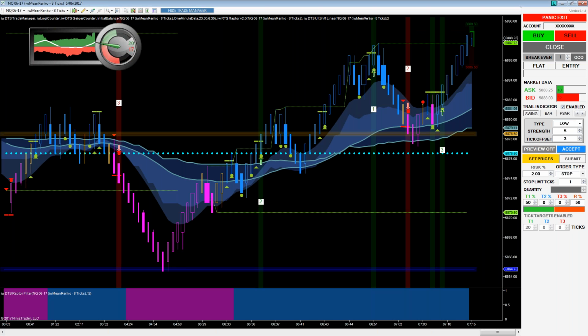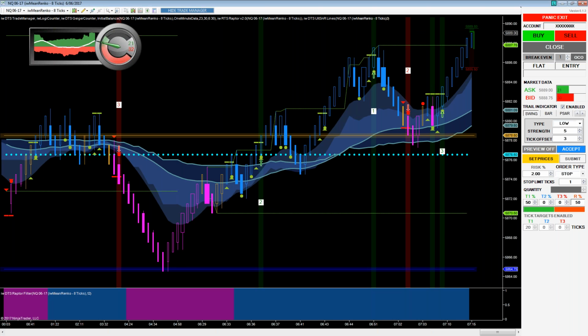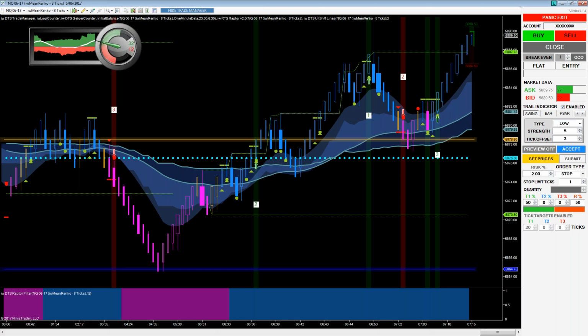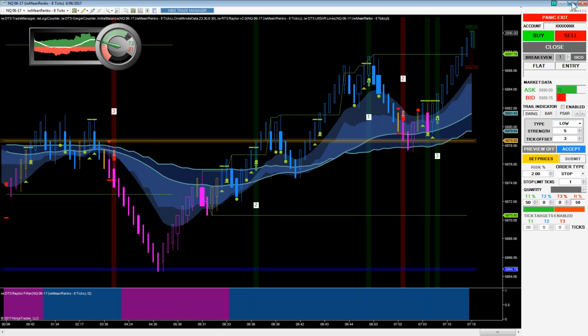Okay, hooray for us. So not a bad morning, certainly a little bit more volatility than what we've been seeing the last couple of days. You can see the Geiger counter pulling hard over here to the buy side now that we've broken the high of the morning.